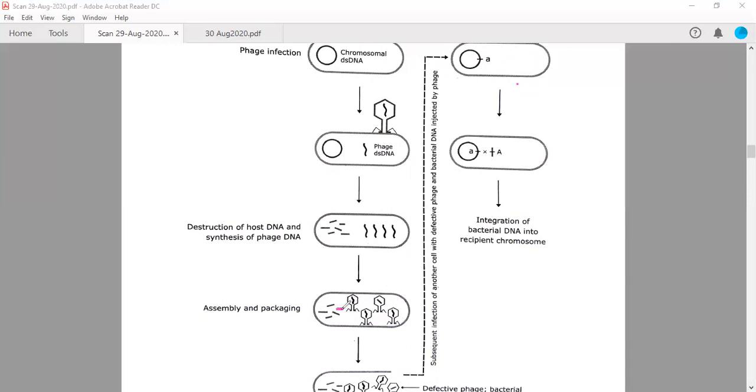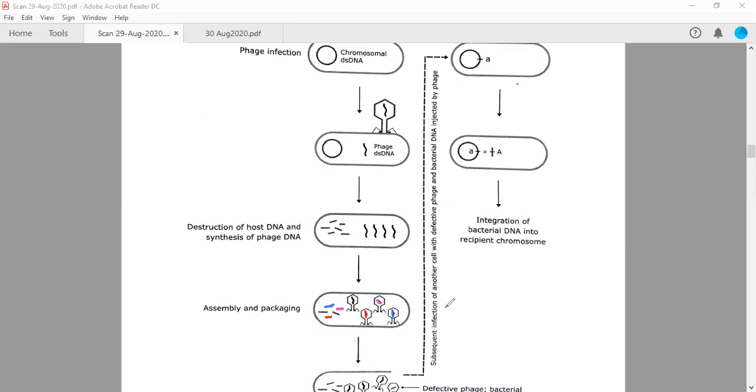So it is possible that several fragments can be uptaken by the bacteriophages. Suppose this fragment is uptaken by this particular bacteriophage, then some other fragment, I'm giving some other color, is uptaken by another bacteriophage, and so on. Let's take one more.